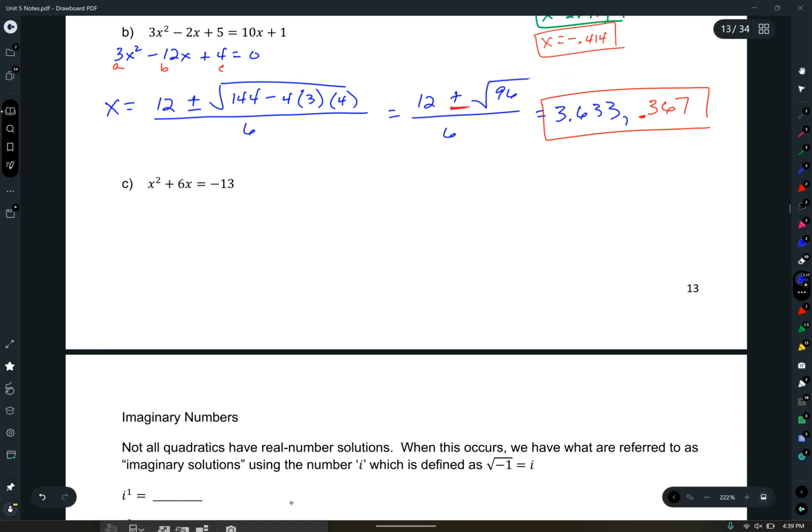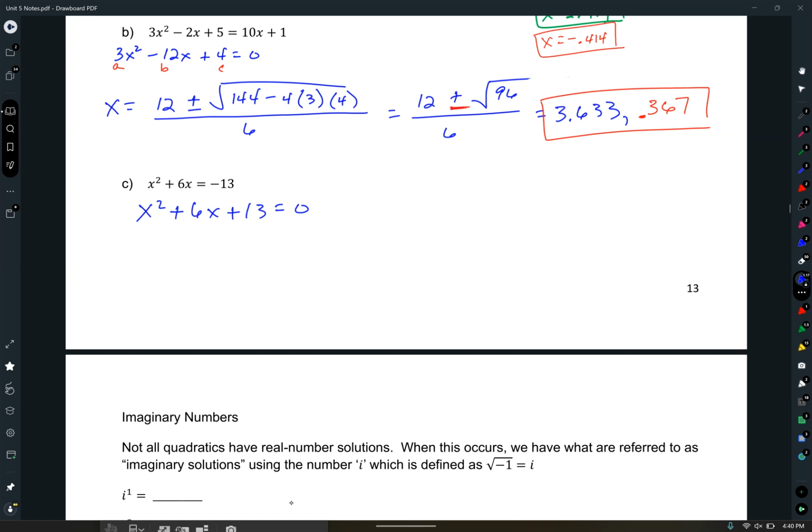Okay, on this one, we're going to have x squared plus 6x plus 13. Now, it seems like we're doing an awful lot of repetition of the same thing, but a subtlety happens here on letter C. Let me show you what that is.